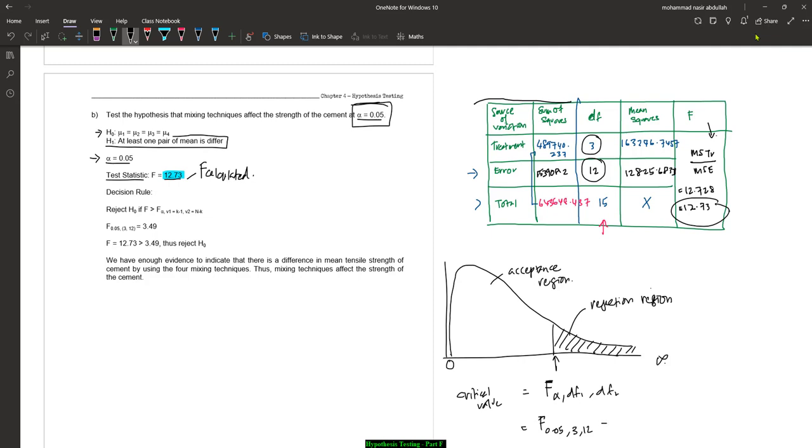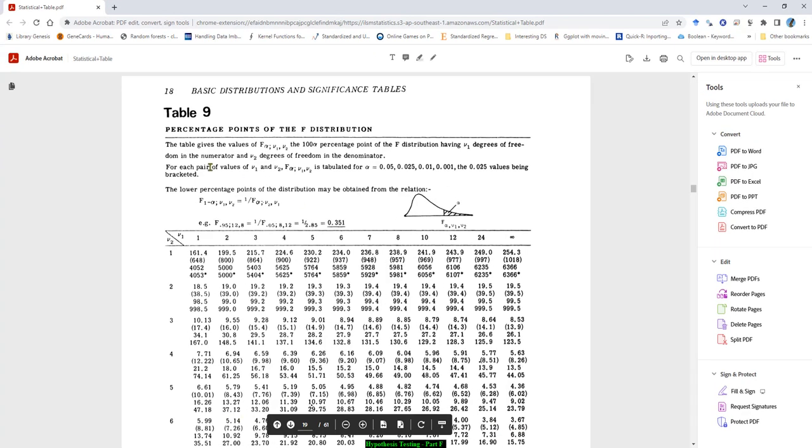So we look at the statistical table to find the value. So kita tengok statistical table, right? Statistical table, table number 9. Sebelum kita tengok table ni, kita baca dulu, right? You need to read and understand the value that the table give to us. So dekat sini dia kata the table give the value.